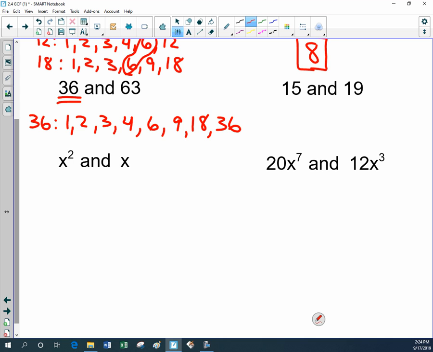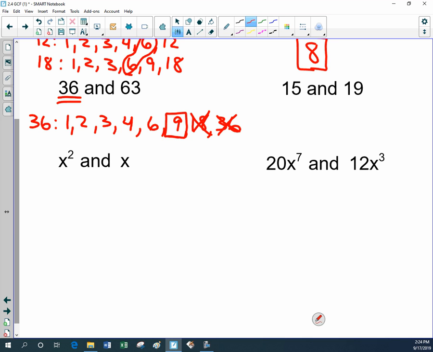So those are factors of 36. The greatest common factor has to come from this list of numbers. Now if I compare these to factors of 63, I look to see what the largest number from this list would divide into 63. 36 does not divide into 63. 18 does not divide into 63. 9 divides into 63 7 times, so the greatest common factor of 36 and 63 would be 9.